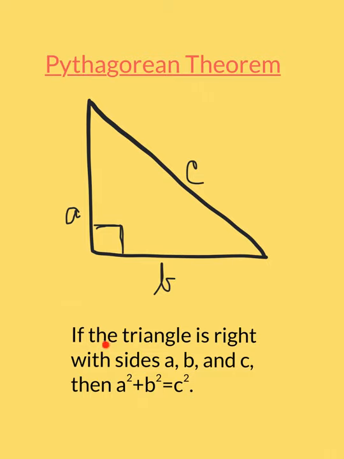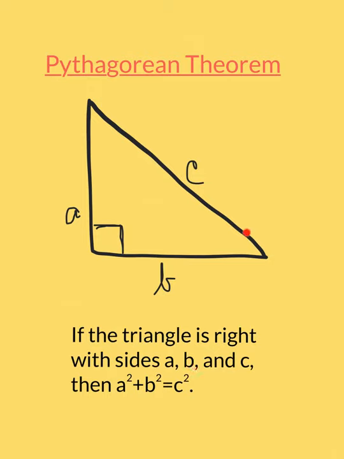It says, if the triangle is right, and I know my triangle is right because here is the symbol indicating that it's a right triangle, with sides A and B, remember, here is side A, here is side B. These two sides make the 90-degree angle, so they are called the legs.